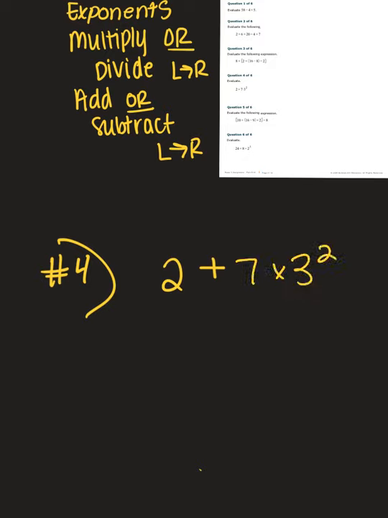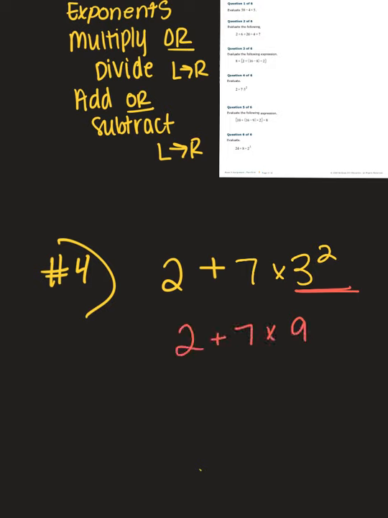Now, I don't see any parentheses, but I see exponents, so I'm going to go right away and simplify that. Remember, an exponent is a number times itself. It's the base times itself, however many times the power is. So 3 times itself 2 times is 3 times 3, and we can simplify that down to 9.